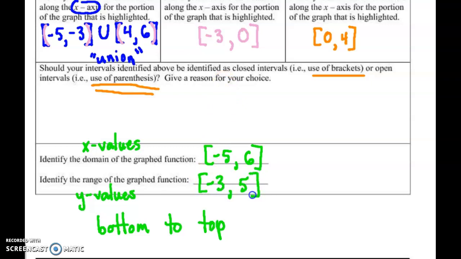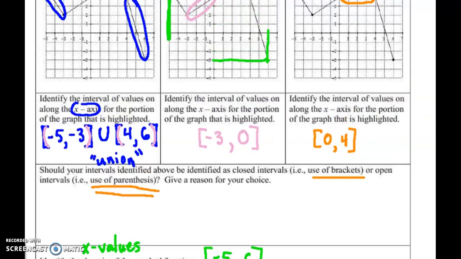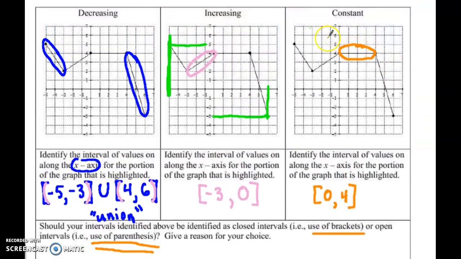And this has to be brackets. These must be brackets because they are closed. If anybody's curious, I've actually seen math teachers put a box around the graph, and that's what they use. So everything needs to fit inside of that box.